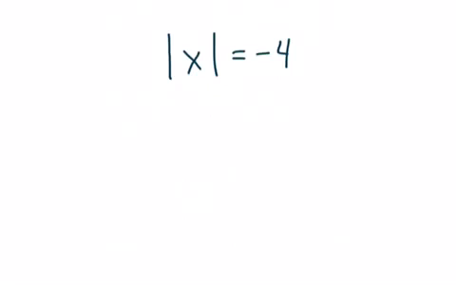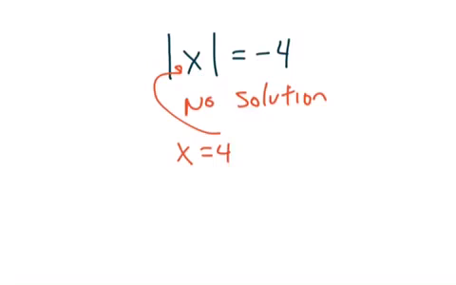Here, the absolute value of x equals negative 4. Surprisingly, there's no number that makes this true, so there's no solution. If we try x equals 4 and plug the 4 in, then the absolute value of 4 is 4.